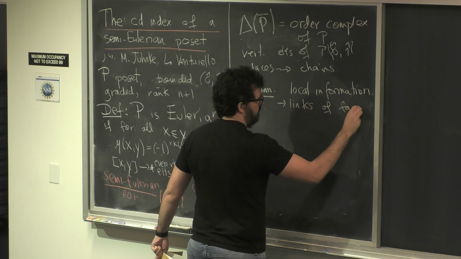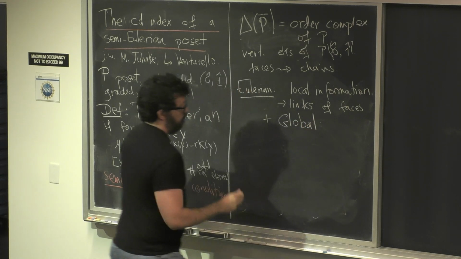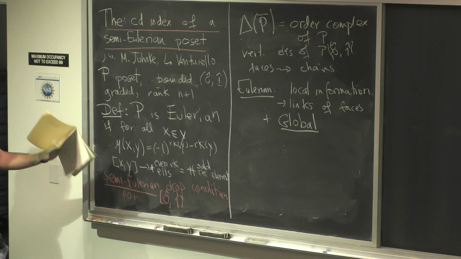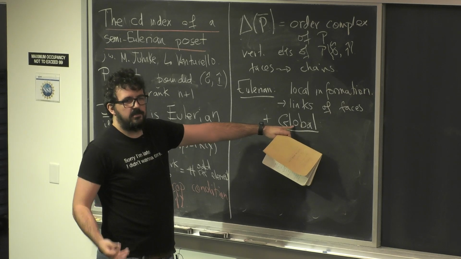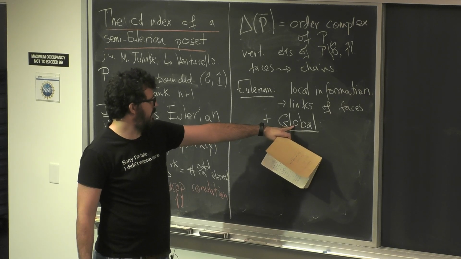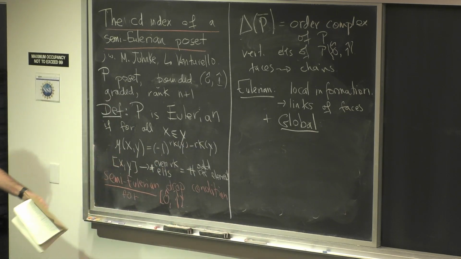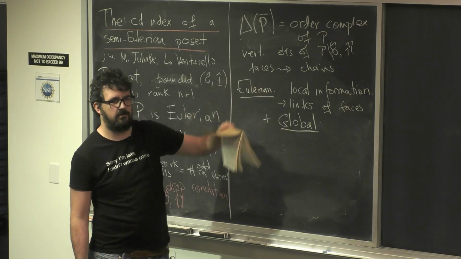Links of faces, plus a global information. So plus some global restriction. I want to think of 0, 1 as some global restriction. I'm going to tell you the story in a second. You could think of this as the link of the empty set, if you know what that is. But in a sense, what all these counts are telling me is there's some local information, and in the Eulerian case, there's also a global thing.